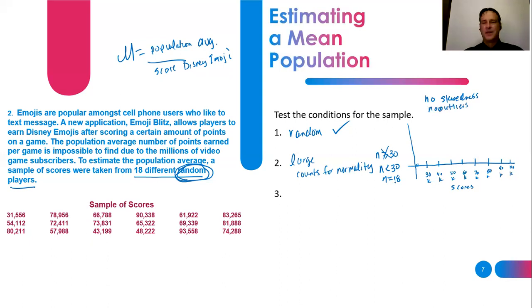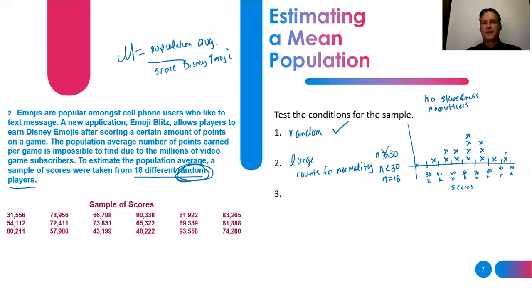All right, so this will make this easy. That's in the 30s. I'm just going to go down. 54 is the second one. 80, 78, 72, 57, 66, 73, 43, 90, 65,000, 48,000, 61,000, 69.